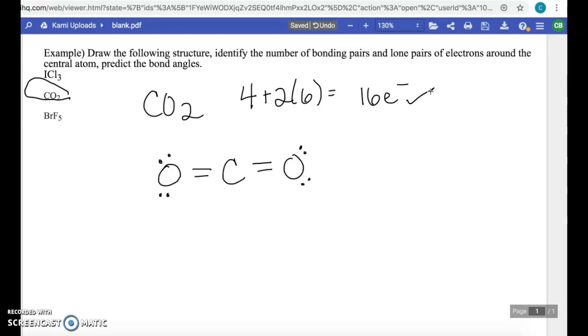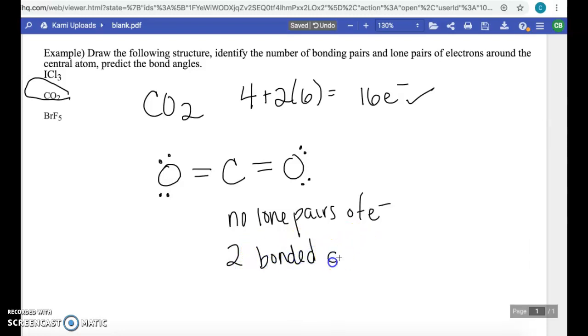Now let's start examining our structure here. Perhaps when you drew it, you drew it in an L shape or a bent shape. That's fine, but let's take a look. On our central atom, there are no lone pairs, and we have 2 bonded domains.